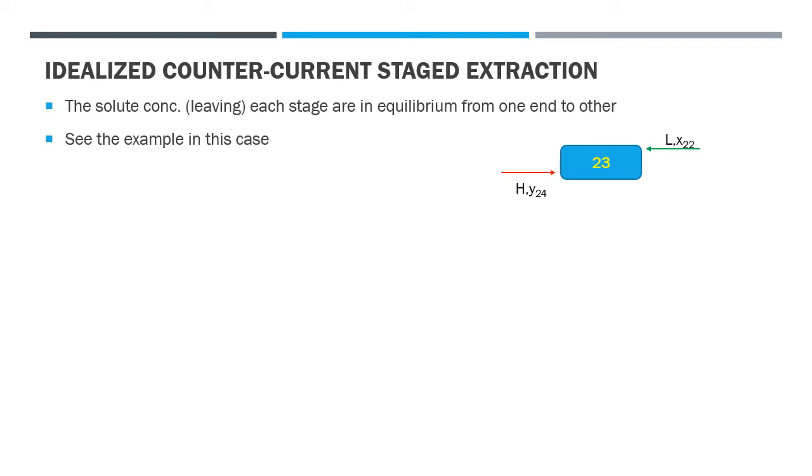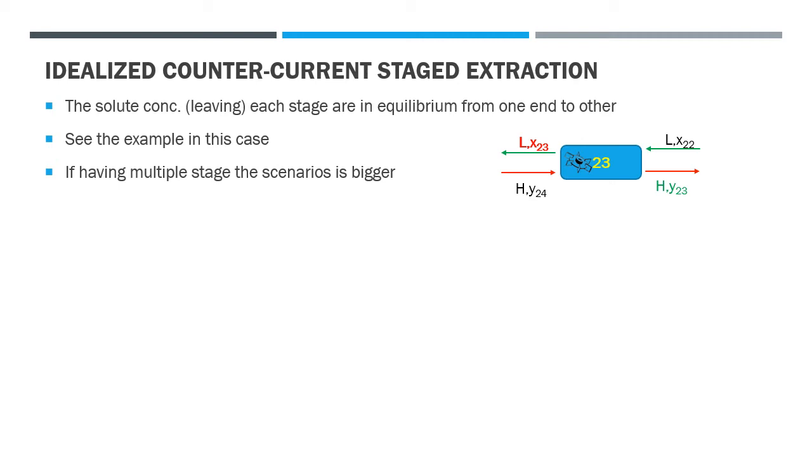So when you see X22, that means it is coming out from stage number 22, and when you say Y24, that is originating from the 24th stage. Now we give some mixing time. They will equilibrate and come out as H and L again, and their number will be X23 and Y23, because both of them are coming out of the 23rd stage. They are also in equilibrium.